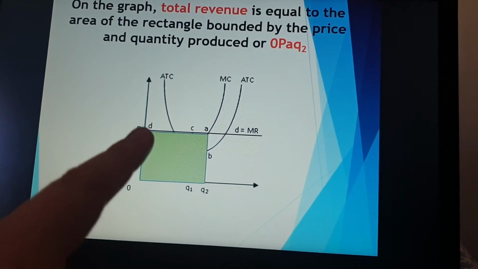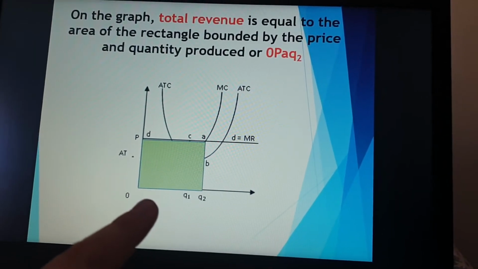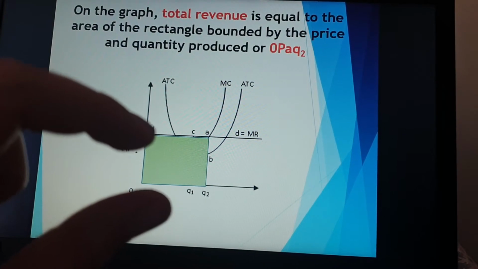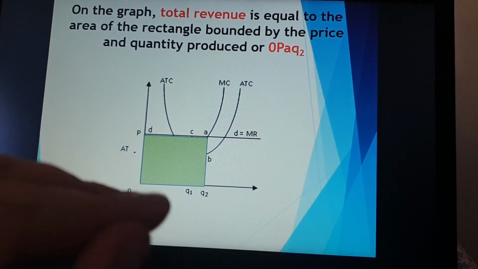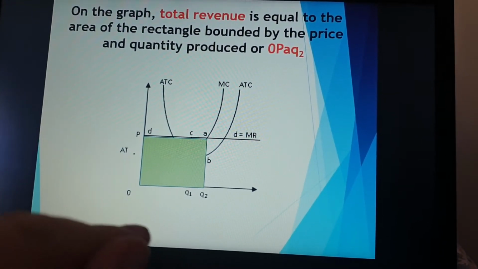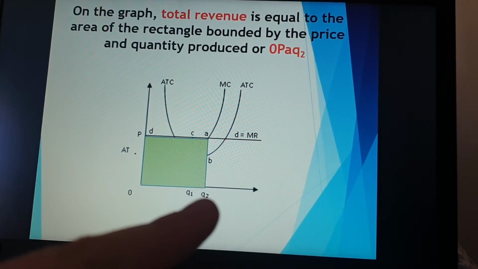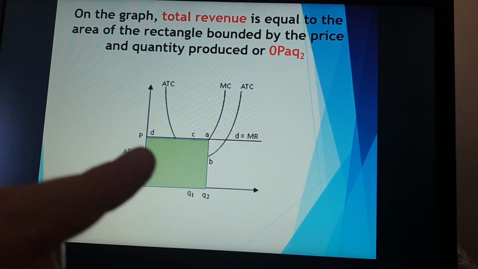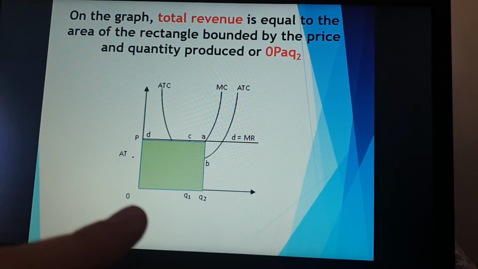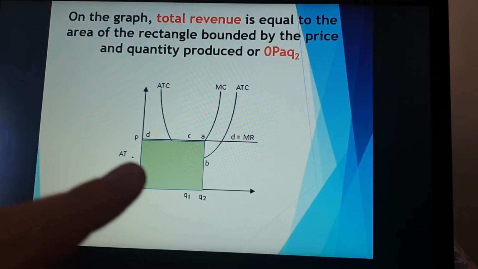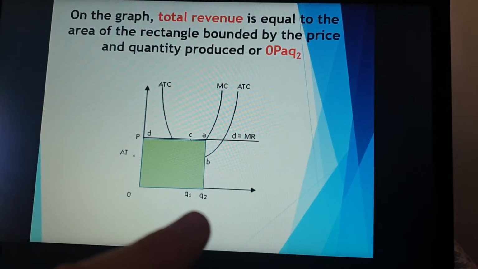So this rectangle here represents my total revenue for my business. Okay, so if you have to represent it graphically, it is always going to be P times Q. All right, but we have to always use the four outer corners as well. My reference points, 0, P, A, Q2.